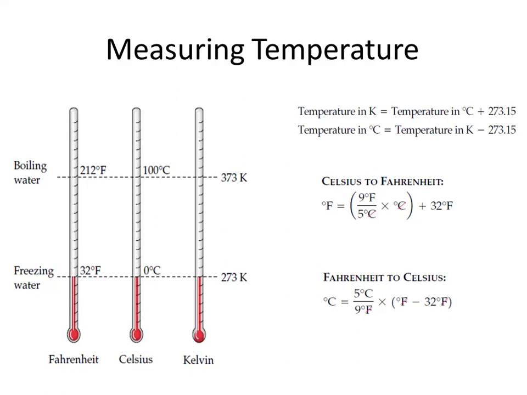First, have a look at the differences between these three temperature units. The first one, on the left-hand side, is Fahrenheit, and then it is written as Celsius. We call it degree centigrade. Maybe some of you already know this unit.